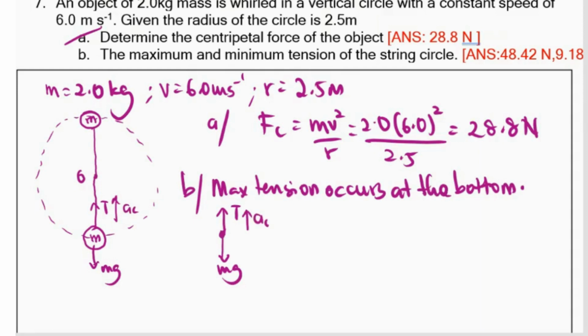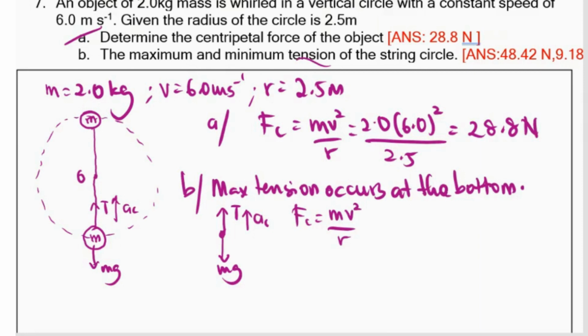You are looking for the magnitude of tension, so you can use the formula of centripetal force, which is mv squared divided by R. So what is the FC? This FC is the forces which are parallel with the AC. You have tension and the weight which are parallel with the AC. So it's not just tension, it's not just the weight, but there are two forces responsible for the centripetal force.